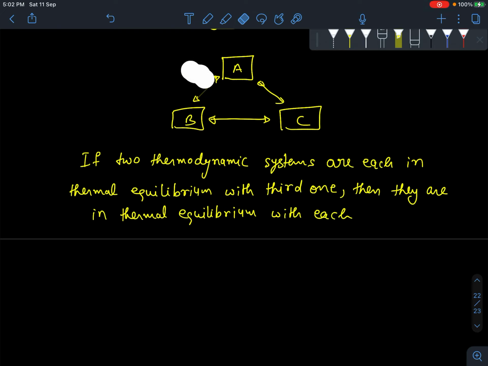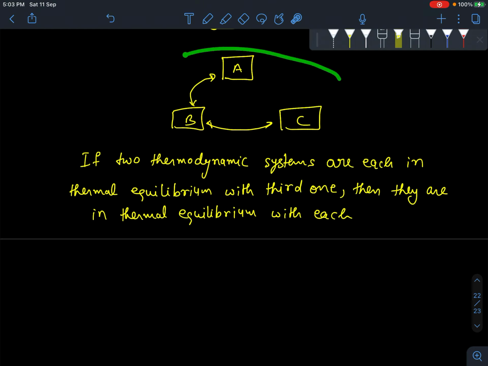Let us once again understand the meaning of this. These three bodies are there. Suppose B is in equilibrium with A and B is in equilibrium with C, means AB are in equilibrium and BC are in equilibrium, thermal equilibrium I mean to say.